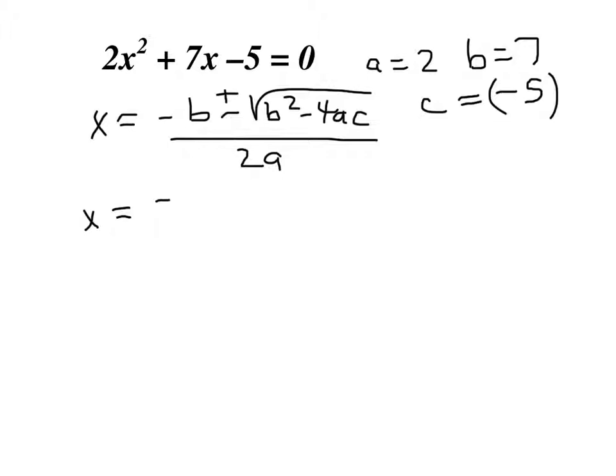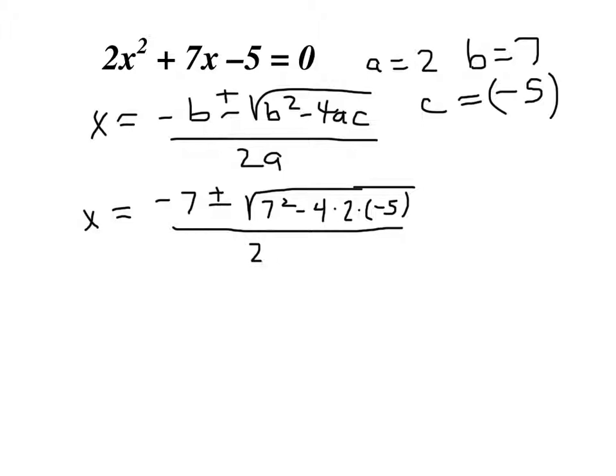So it's negative 7 plus or minus the square root of 7 squared minus 4 times a times that negative 5. Use parentheses around negative numbers. It'll help you keep your signs straight. All over 2a, and a is 2.